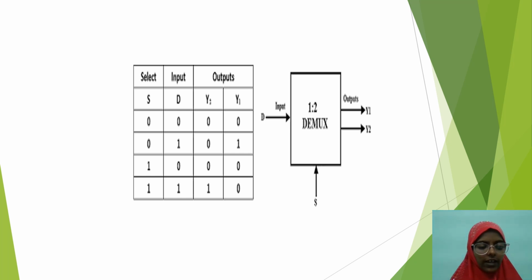In the third row, the select line is 1 and the input we give is 0, and outputs y1 and y2 both give 0. In the last row, the select line is 1 and the input is 1, so the output for y1 is 0 and y2 is 1.